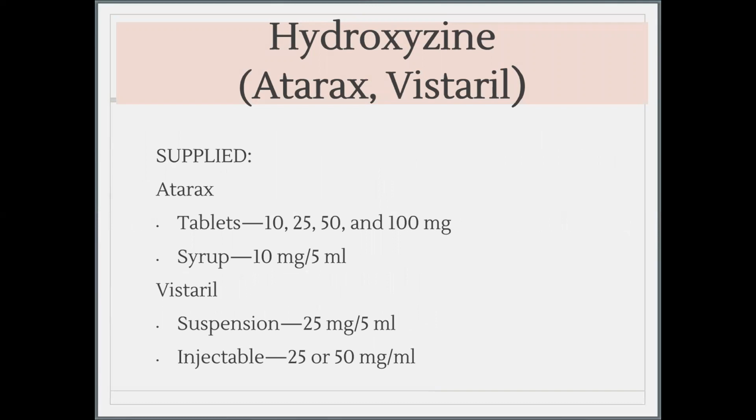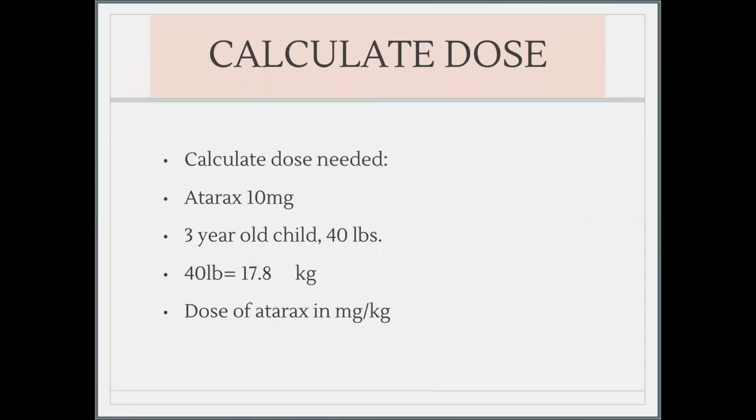It is supplied as Atarax tablets, 10, 25, 50, and 100 milligrams, or as Atarax syrup, that's 10 milligrams per 5 ml. Vistaril is available in a suspension at 25 milligrams per 5 ml, and also it is injectable at 25 or 50 milligrams per ml.